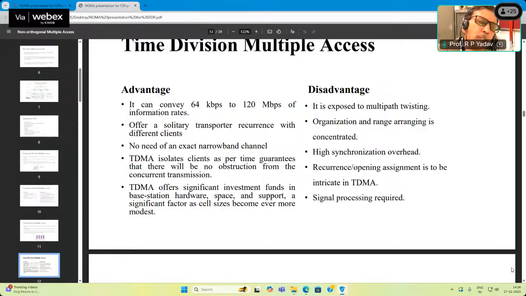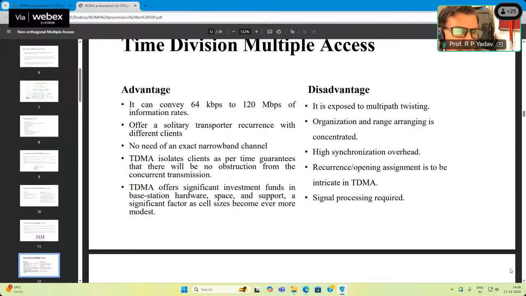Each client can have a dedicated line in this system. There is no need for an exact narrowband channel. TDMA isolates clients by time, which guarantees that there will be no obstruction from concurrent transmission. Normally no interference comes. Of course, there will be some cases where some co-channel interference issues may be there, but normally you can remove them, and the systems are very robust.